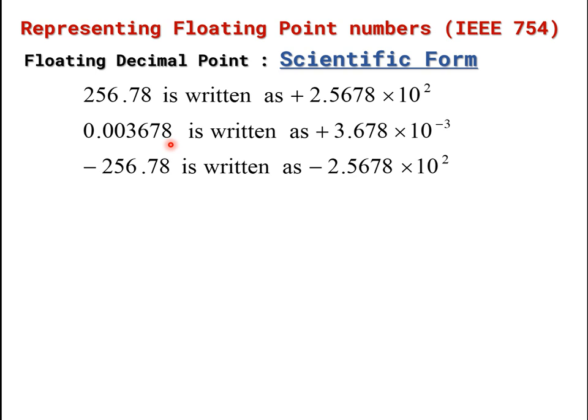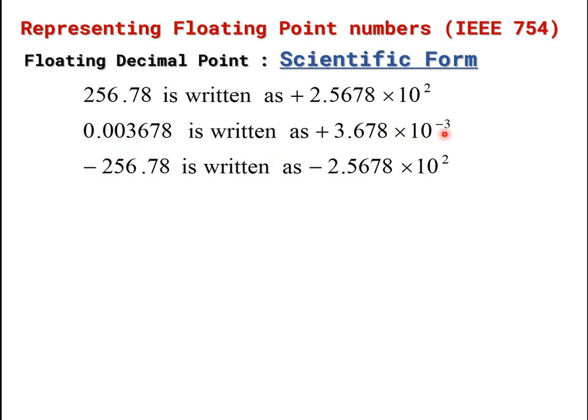0.003678. We can write it down as, since we do not have a non-zero digit here, we have to move to the right by moving 1, 2, and 3, because this dot has to be next to one non-zero digit. And as you can see, we moved how many places? 1, 2, and 3.